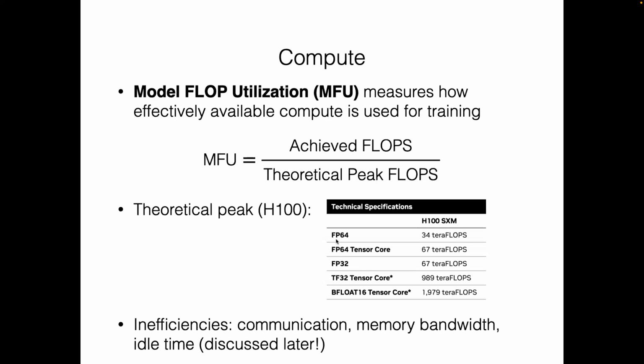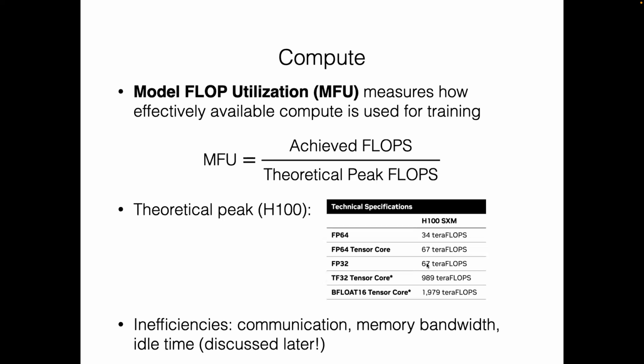FP64 is not widely used, but you could use 4 bytes, so FP32, or you can also use 16. The GPU has to implement the operations for each of these, so that's why it's varying.